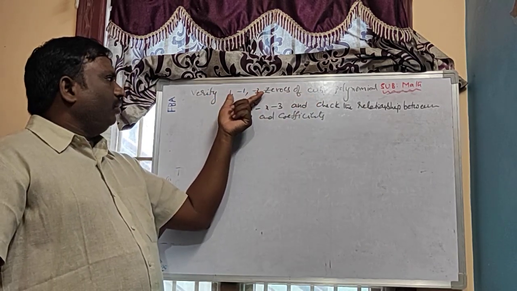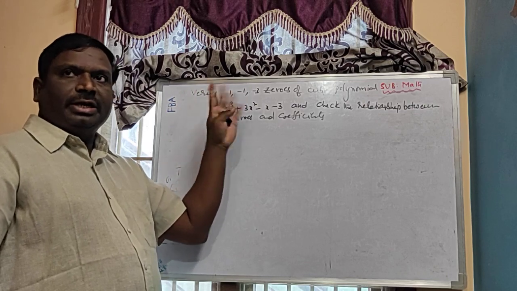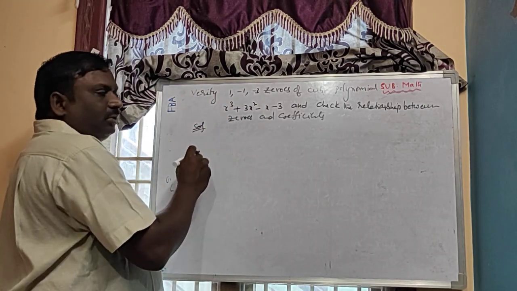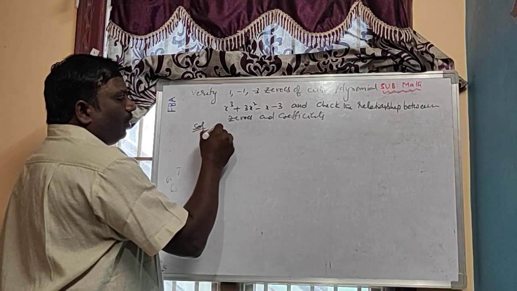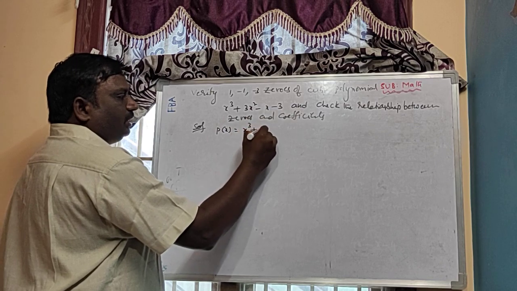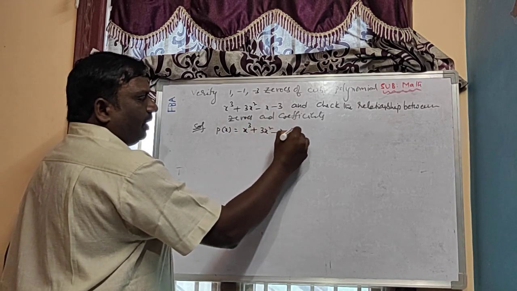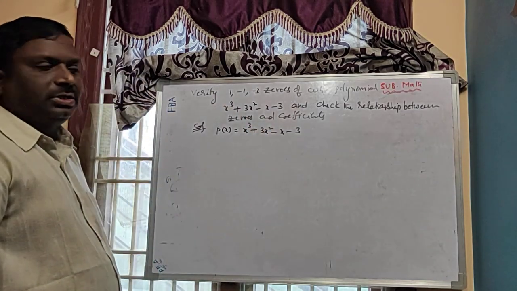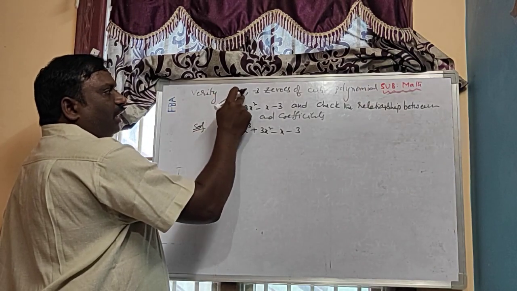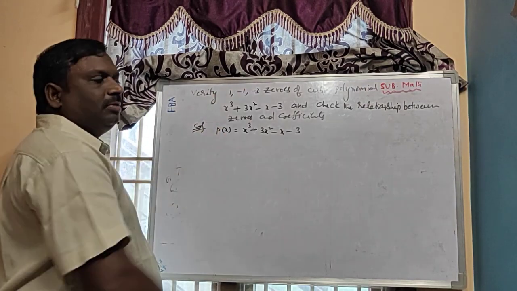If they give 3 zeros, then we can write directly, no problem. See here, very easy question. Given that the cubic polynomial is p of x equal to x cube plus 3x square minus x minus 3. One zero is 1, another zero is minus 1, another zero is minus 3.